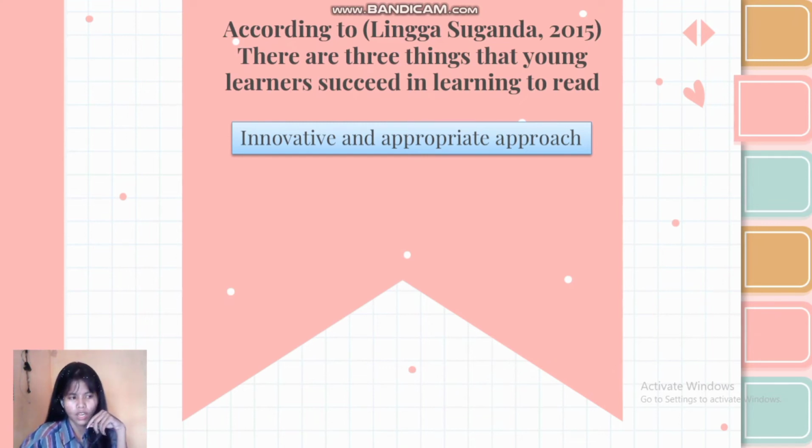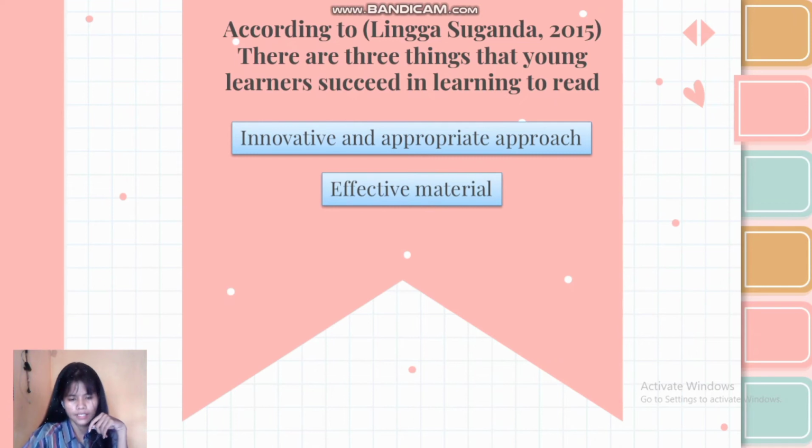And from the approaches that we know previously, the teacher can choose the approach to teaching reading or writing according to the situation and learning environment of the young learners themselves.